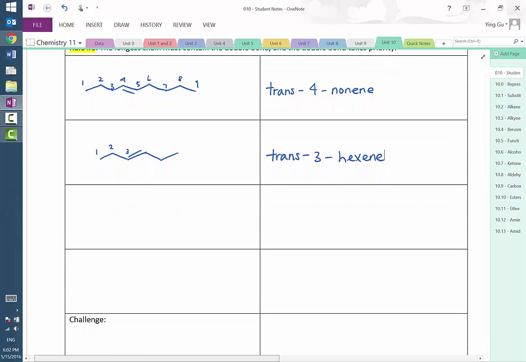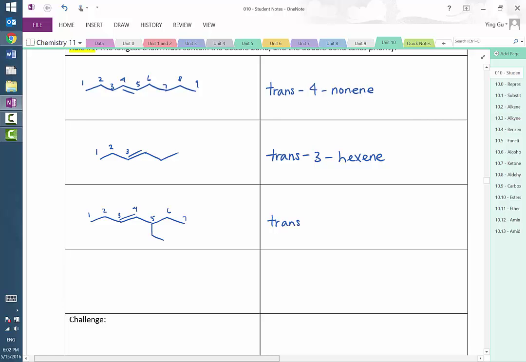Alright, let's go do something more difficult. Let's add some branches. Alright, the longest chain here is going to be 1, 2, 3, 4, 5, 6, and 7. Going from the left so that the double bond gets 3, which is the lowest we can achieve on this structure. We write trans first.